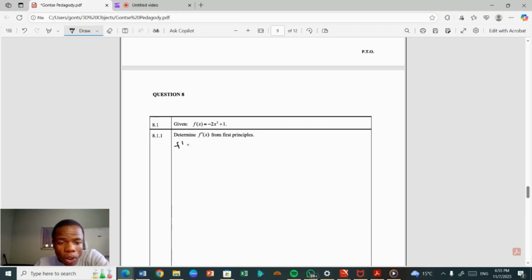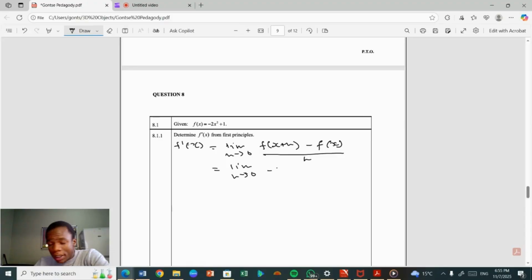Then we know that f prime of x is equal to the limit as h approaches 0 of f of x plus h minus f of x, right? Over h.